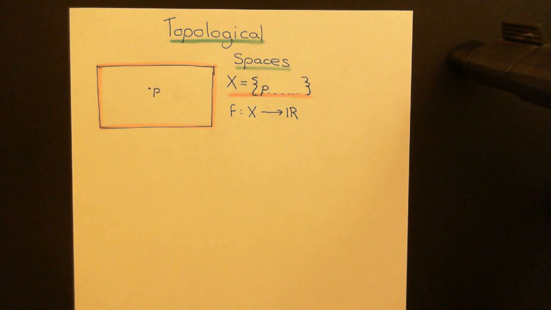Okay, so not only can we ask questions like how many points are there in this set, we can also build functions going from this set to some other mathematical structure, and this might capture something that is useful to physicists, for instance the concept of temperature at each point in the two-dimensional plane. So we can do that as well.